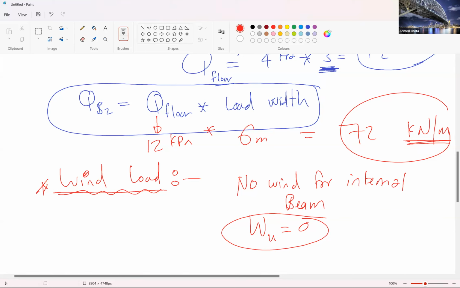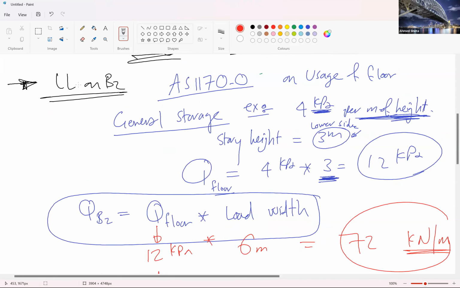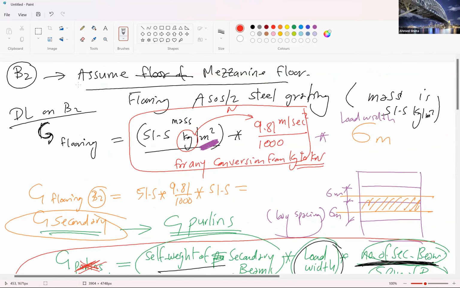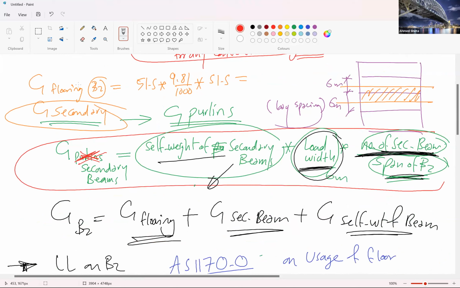I just want to put some shade on this one because it is not in the design example. There is no information about the floor beam, so I want to go through this. They are similar, but you cannot assume roof sheeting and purlins for the storage floor. You cannot use the same type of floor.